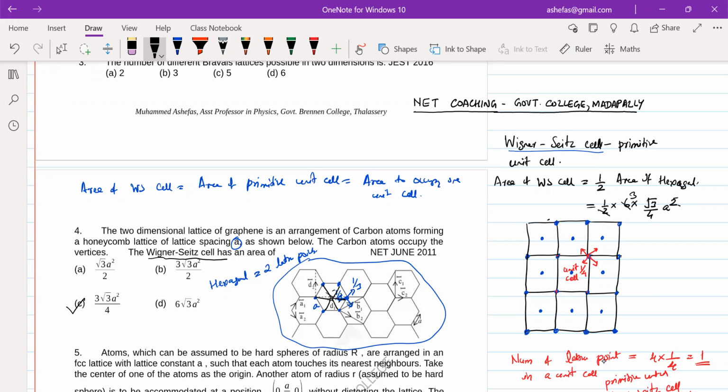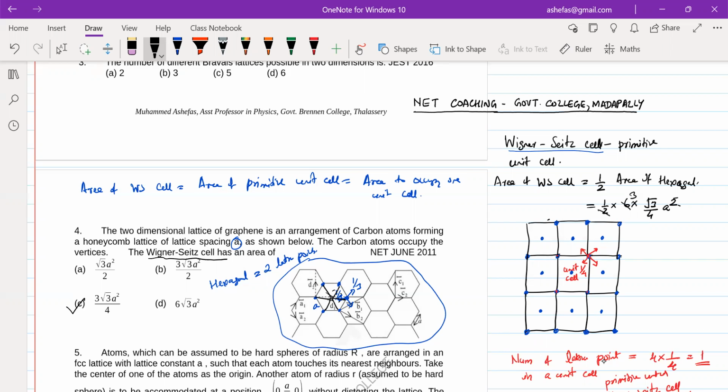It may be a hexagonal lattice, a square lattice or a rectangular centered lattice. It will be easy to find the area of one unit cell and find out how many lattice points are present within that unit cell. From that we can find the area to occupy one lattice point, that is, the area or volume of the Wigner-Seitz cell.